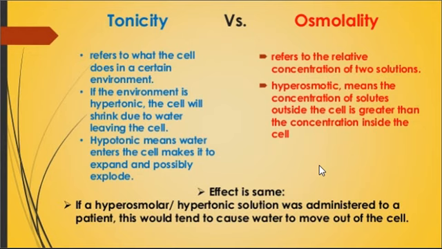Okay, so tonicity versus osmolality. You will hear fluids referred to in both aspects. Isotonic solutions have the same osmolality as the body fluid. It's equal. Isotonic keeps things equal.